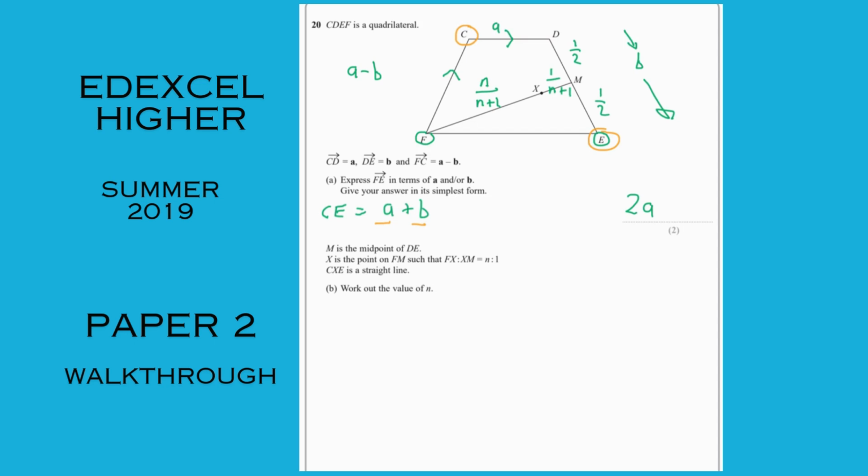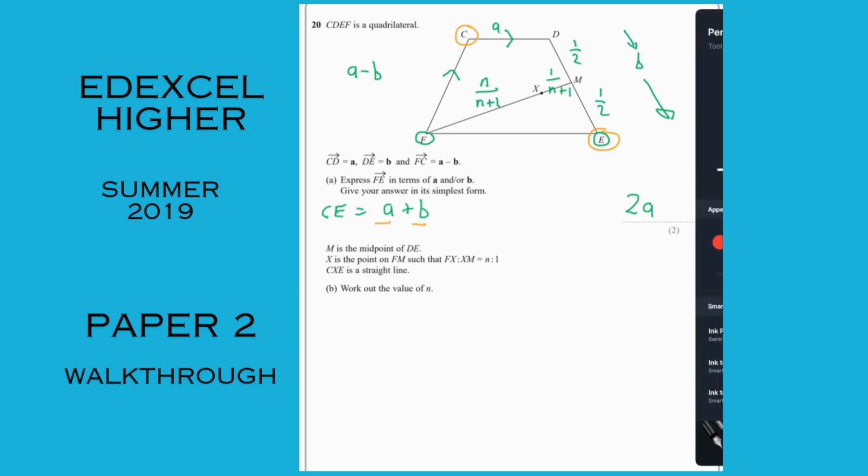However many A's you have, you must have the same amount of B's. Okay, hope that makes sense. In order to lie on a straight line, C to E, the coefficients of A and B must be equal. Let's go back to a different colour.